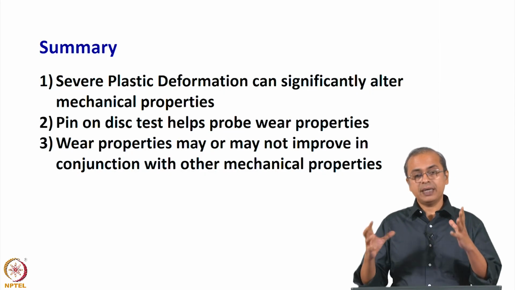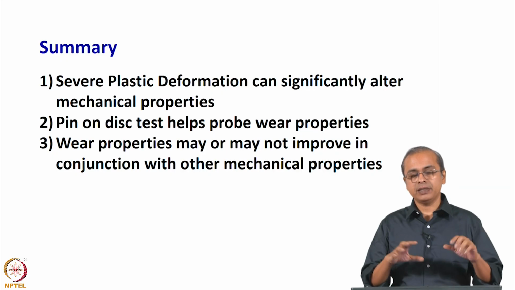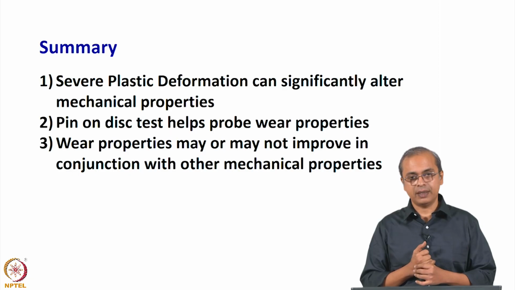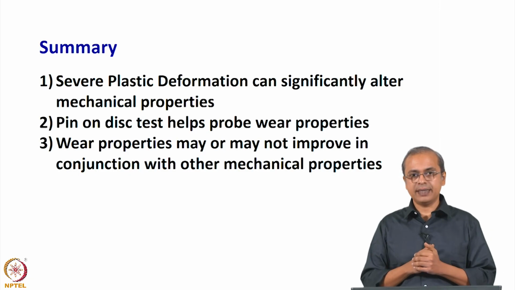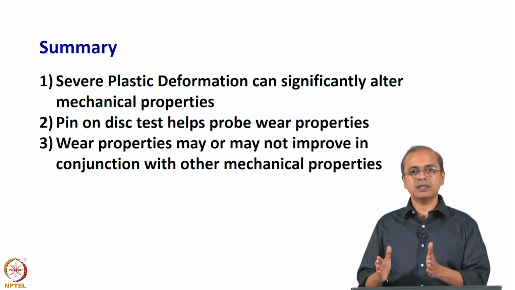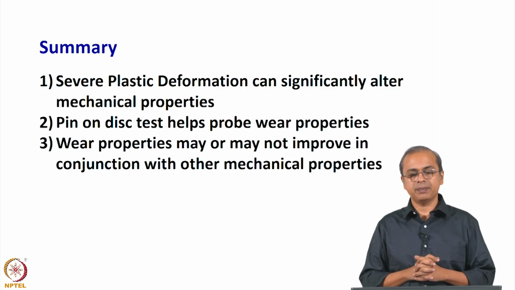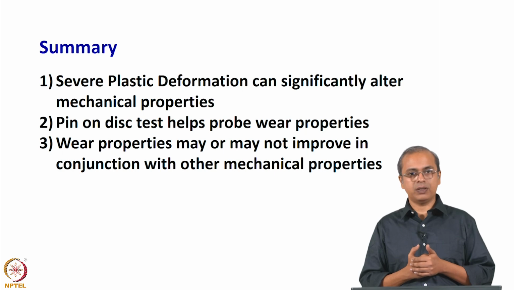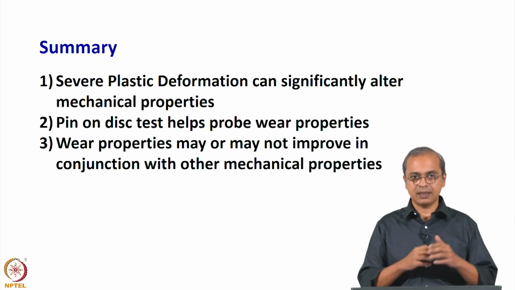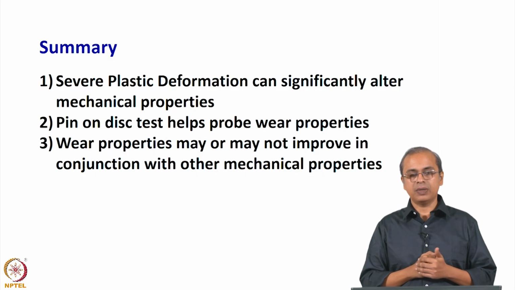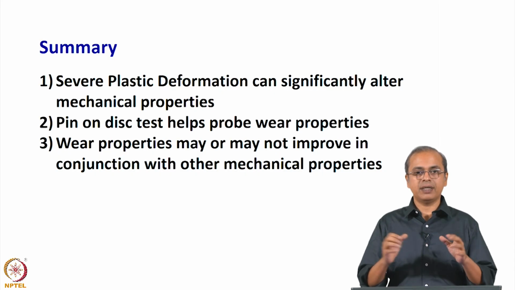So, we need to understand the interplay between these properties to fully understand why it has improved in some cases and not in others. I also drew your attention to references where these are discussed in significant detail for specific systems, while we presented some general trends. They are specific to their systems, and they give you the data for those systems, which is a nice insight into how this can be looked at in a very scientific and thorough manner.